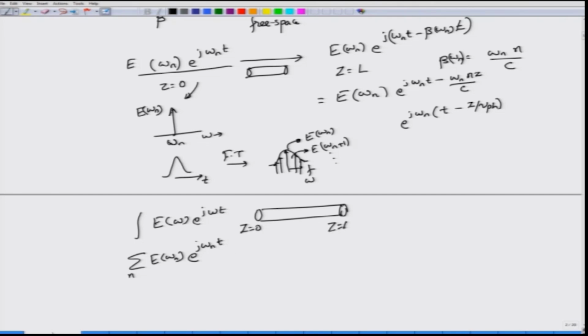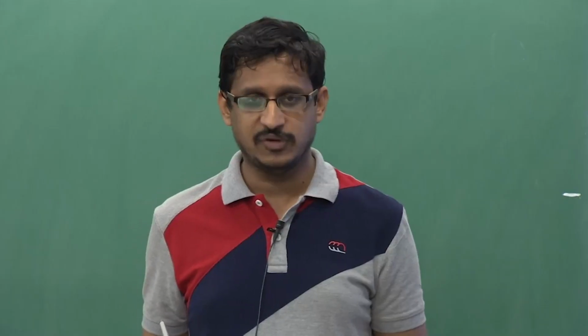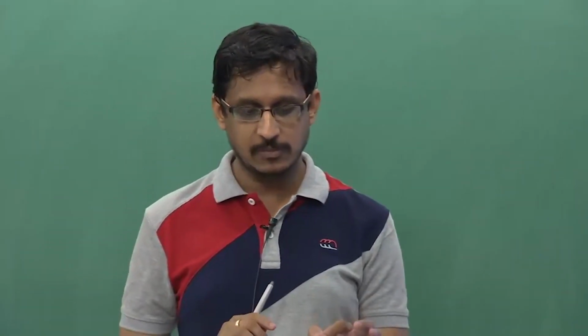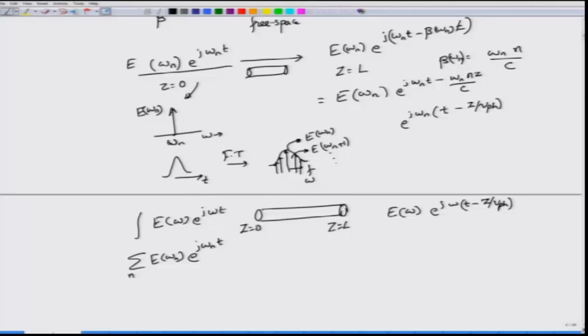At z equal to L, each frequency component would arrive with a certain phase velocity or a certain phase delay, but luckily for us the phase delay is independent of frequency. So, all these frequency components are arriving at the same phase delay, right. So, this is very critical. Please remember this step that we have just executed.